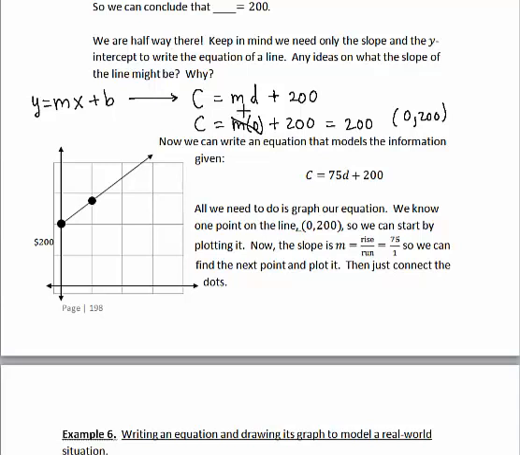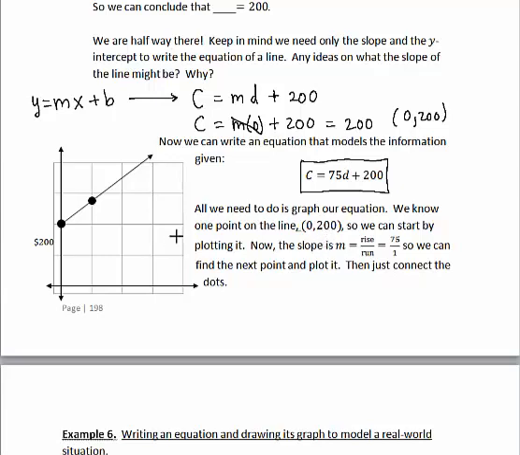We didn't really have to do any calculation. 75 is just the number that we haven't used, and it's related to the number of days. And so we replace m with 75, and we have our equation. Cost is $75 times the number of days plus the flat rate of 200.